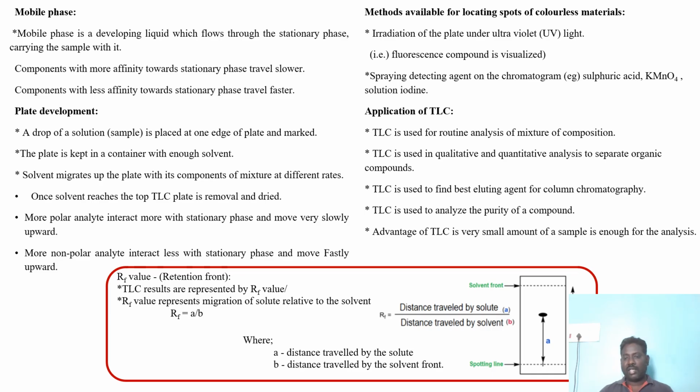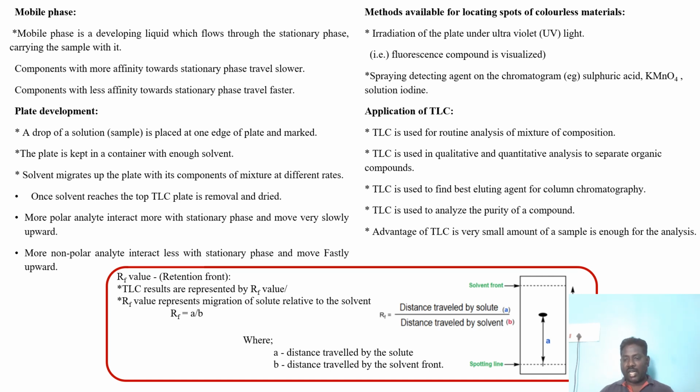Generally, the interaction between the active solid and the mixture of compounds, which is in liquid form, will occur while moving. If a compound has higher affinity, there will be more interaction between the solid phase and the mixture.